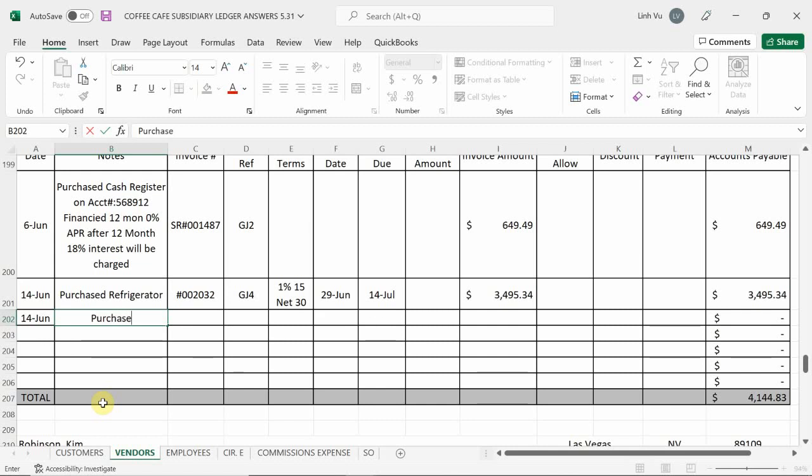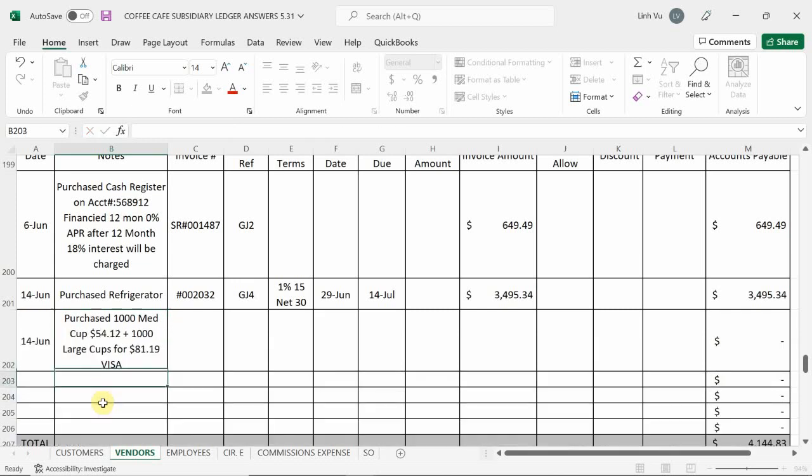Purchased 1,000 medium cups for $54.12, plus 1,000 large cups for $81.19. And this is where I could say I used a Visa credit card to pay for the cups.